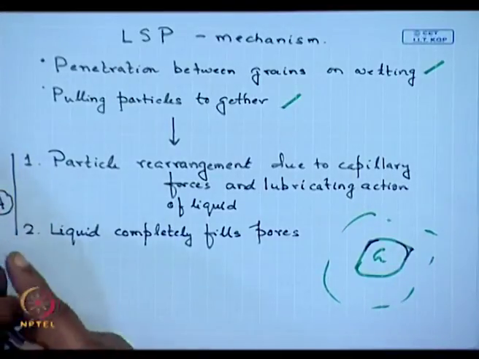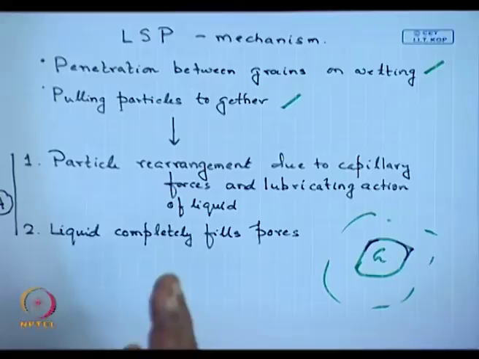So what happens is, A, the liquid forces a capillary action. Second, it rounds off the grains, and third, the liquid also has a lubricating action, and hence the packing of particles occurs during liquid phase sintering. This is the advantage of liquid phase sintering.